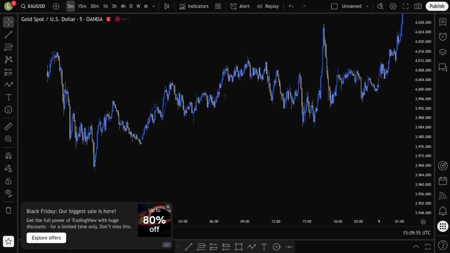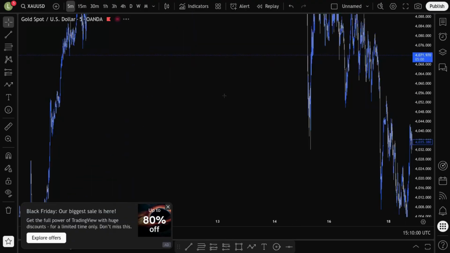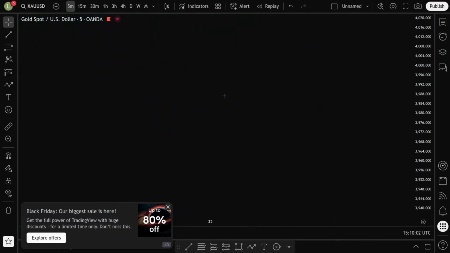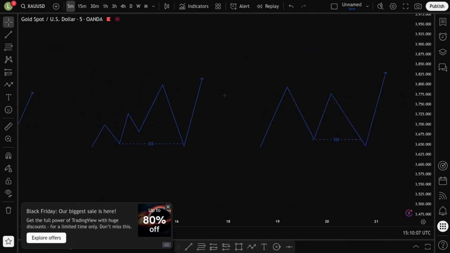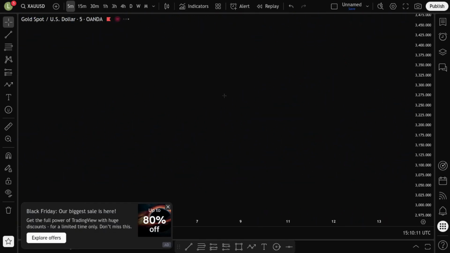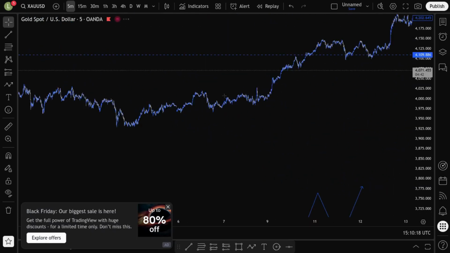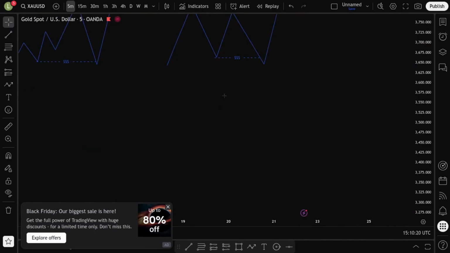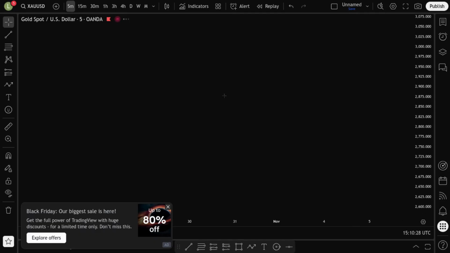So let's go straight back to our strategy. What we're saying is, the first thing we look out for is market structure, which we have done.